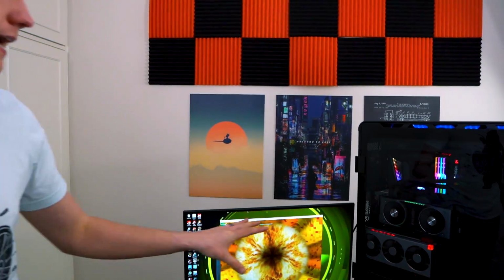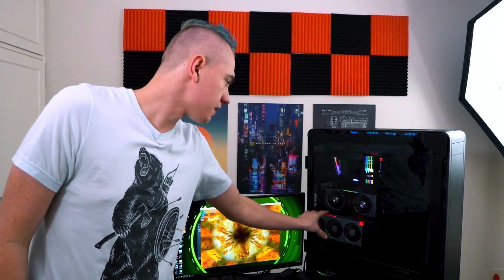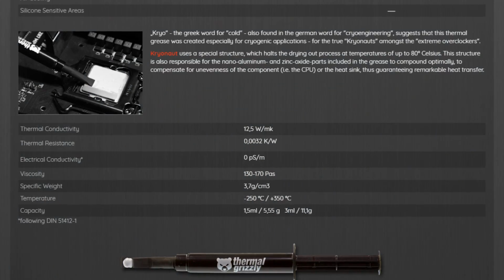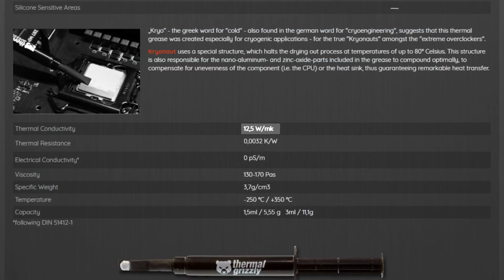Okay, sponsor spot over. As you guys can see, we're running Furmark. I actually have the fans on the 2080 Ti set to a static 70%, so we're going to try to compare this to the stock settings on the 2080 Ti. One of the big things about these graphite pads is the amazing thermal conductivity that they have. This is the best non-liquid metal thermal paste that you can get from Thermal Grizzly, and it has a heat dissipation rating of 12.5 watts per meter Kelvin.